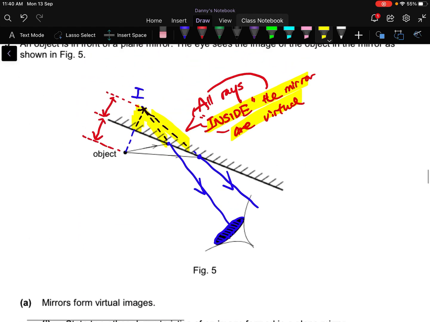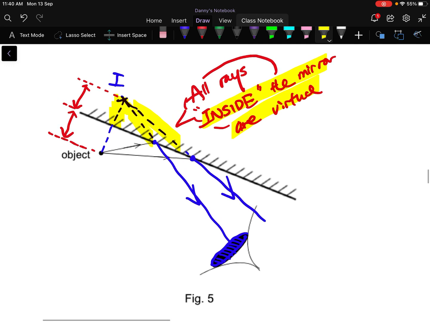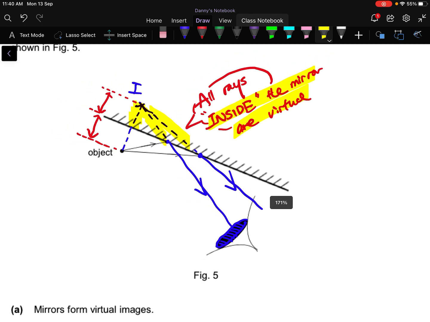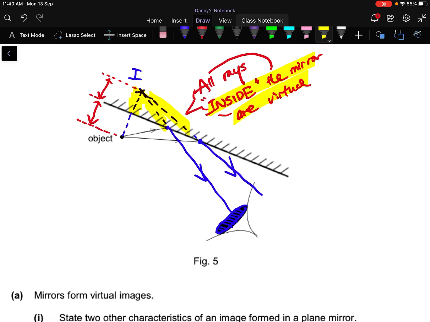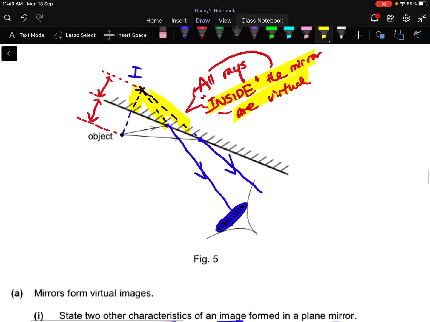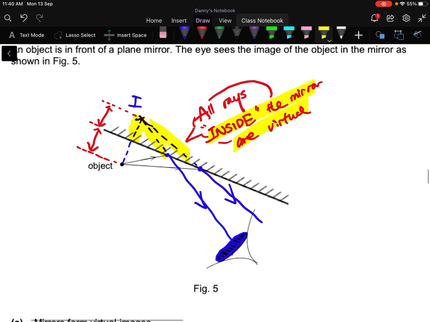For B and C, basically it is on your ray diagram. As long as you do your ray diagram properly, you should be able to score that mark. If you can't, do approach us as well. What I can do is recap the steps with you.